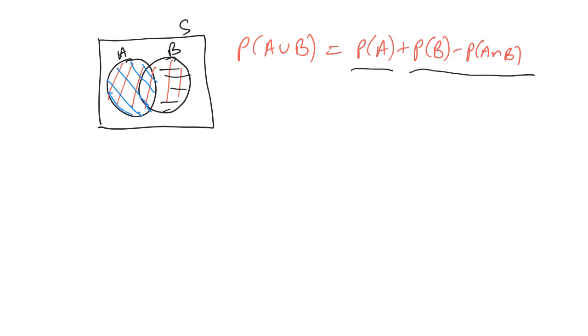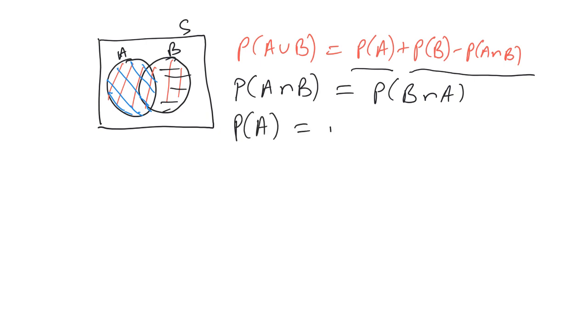Now, there are also some important results that we came up with last time. We discovered that the probability of A intersection B is the same as the probability of B intersection A. We also say that the probability of A is the probability of A intersection B plus probability of A intersection B complement.